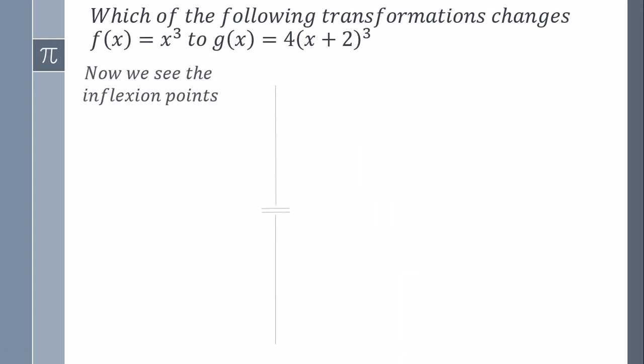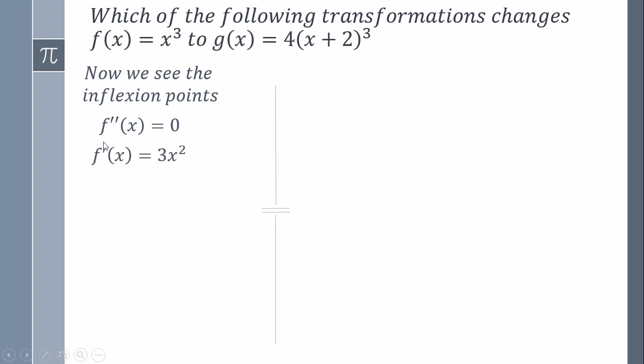The other thing we are interested in is the inflection points. The inflection points are where the concavity changes, when it is convex and changes to concave, and so on. So we take the second derivative and make it equal to 0.